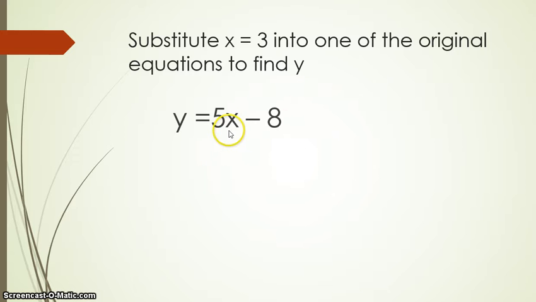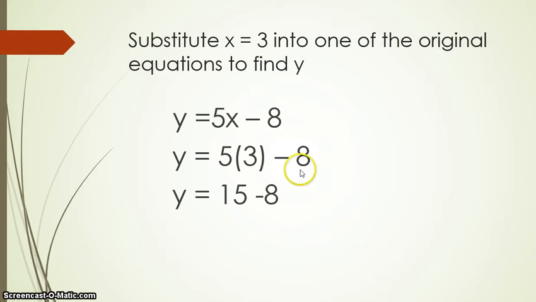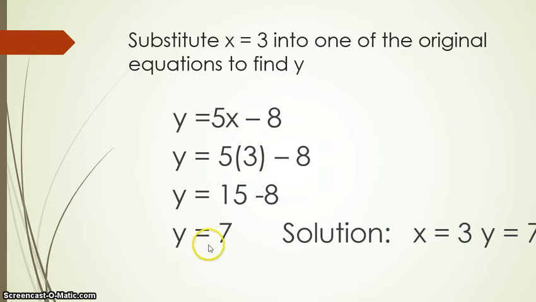If I substitute 3 into this equation in place of x, I'll get y is equal to 5 times 3 minus 8. 5 times 3 gives us 15, and 15 minus 8 will give us 7. So our solution is that x is equal to 3 and y is equal to 7.